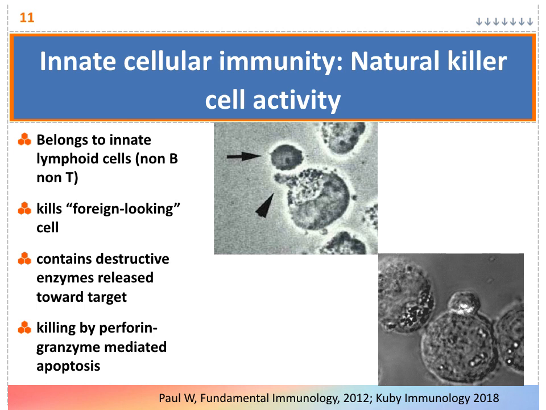Another cell that participates in innate cell-mediated immunity or cellular immunity would be what we call natural killer cells. These are a type of innate lymphoid cells. They are lymphocytes, but they are not B lymphocytes, neither are they T lymphocytes.